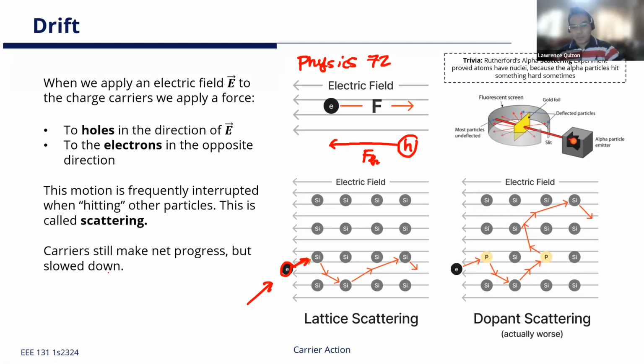So what happens is that the electron starts getting faster, getting faster, getting faster, and then it bumps into a silicon atom, and then it gets slower again. And then it starts getting faster, and then faster, and then faster, and it bumps again. So it's like a car stuck in traffic, is what's happening to the electron.